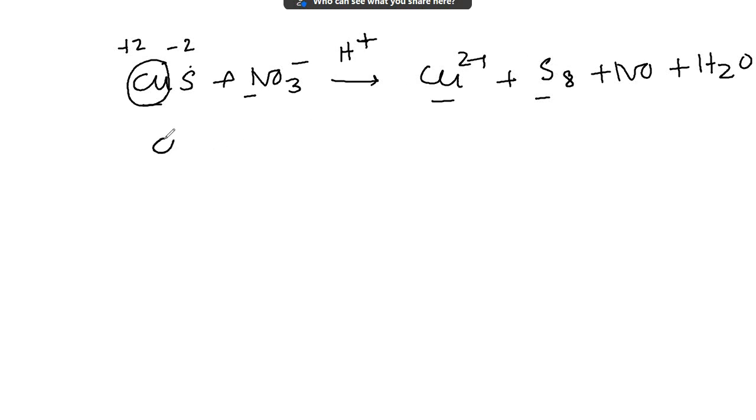So let us write it this way, CuS to Cu2 plus S. But on the right hand side S8, one molecule contains 8 sulfur atoms, so make it 8 over here, and all the atoms must be balanced, so put 8 over here.